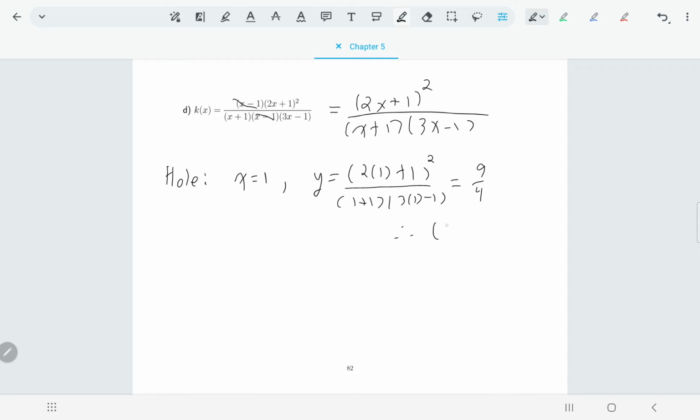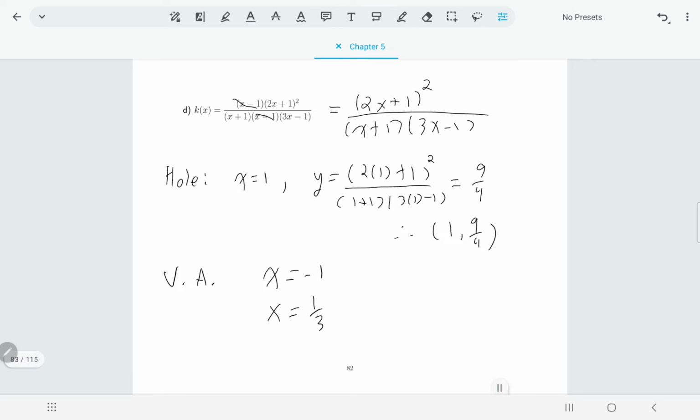So I have the point 1, 9/4. The other two excluded values, negative 1 and 1/3, those must be locations for vertical asymptotes. So we have a vertical asymptote x equals negative 1, and we've got one x equals 1/3.